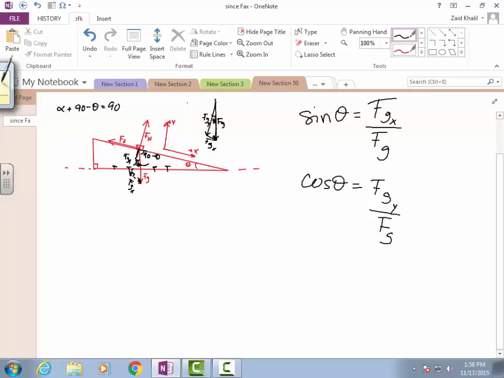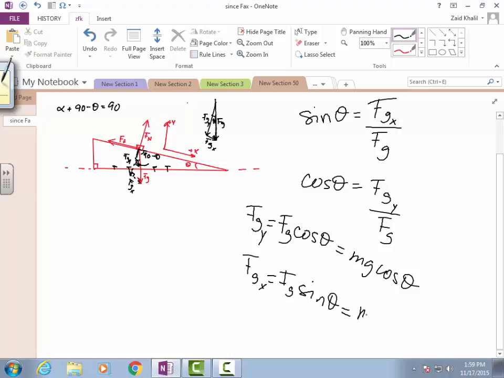All right? So now we can begin writing Newton's second law in each direction, because that's the only one that we had to worry about. So FGY equals FG cosine theta equals mg cosine theta. And we get FGX equals FG sine theta equals mg sine theta. What else?